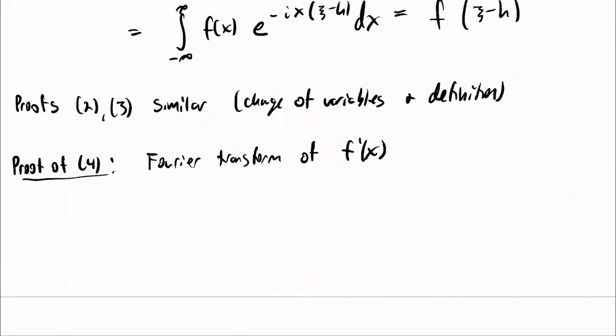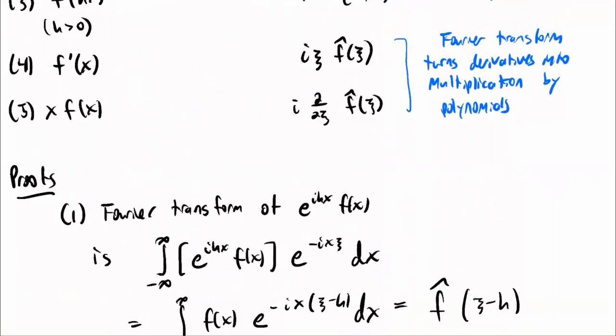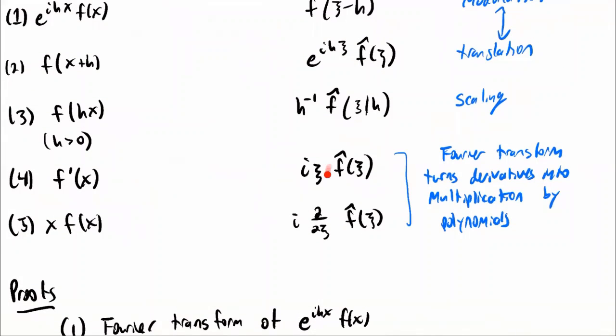Right, and so what is the Fourier transform of f prime? Well, this is given by the integral from -infinity to infinity of f prime of x times e to the minus i x c dx. And so what this says is that we can relate this to the Fourier transform of the original function. How are we going to do that?